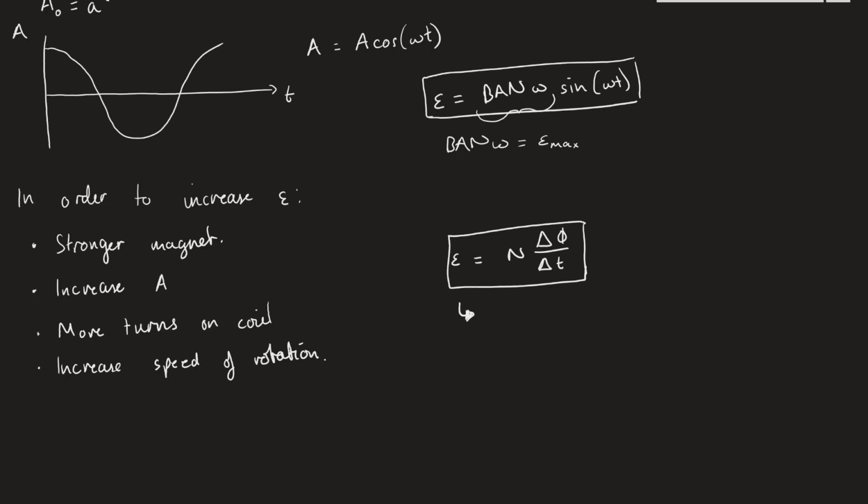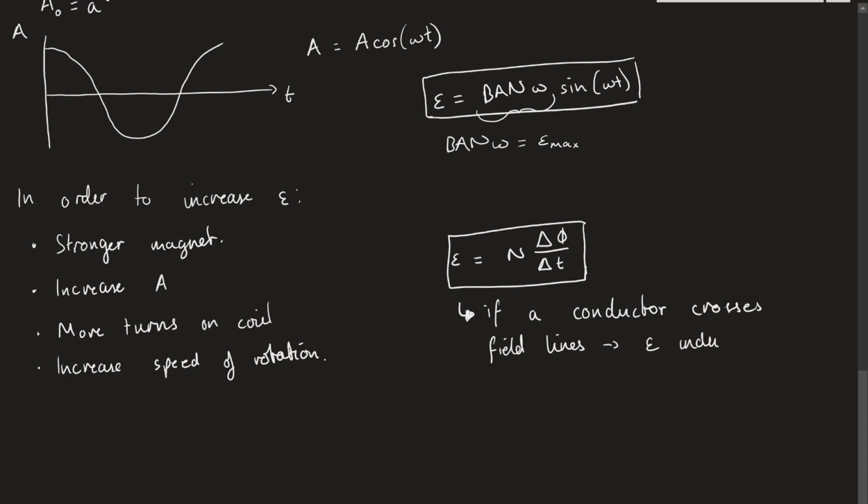If something crosses the flux line, so if a conductor crosses the field lines, whether that's by rotating through a field line, so it cuts across a field line, or whether it's just passing across, so it's not rotating, it's just moving across the field lines, an EMF is always induced.